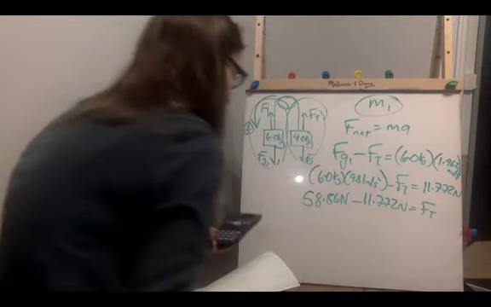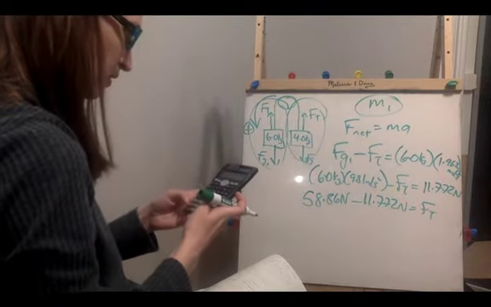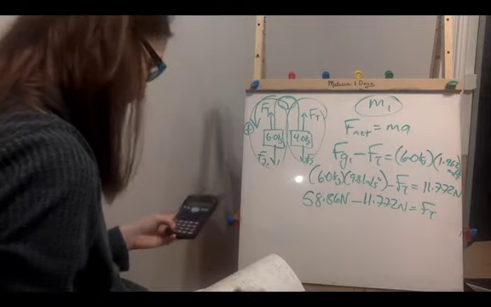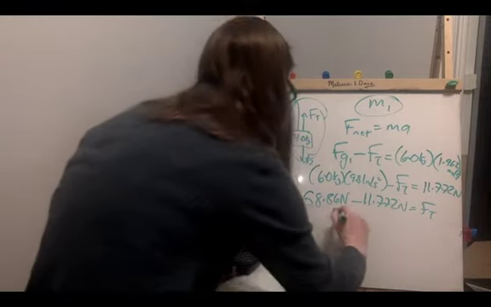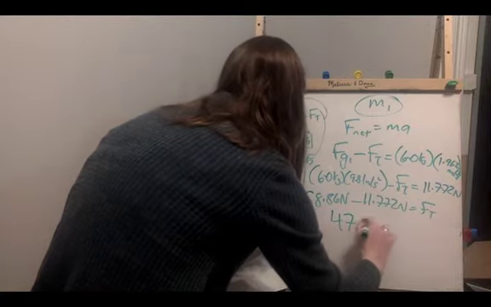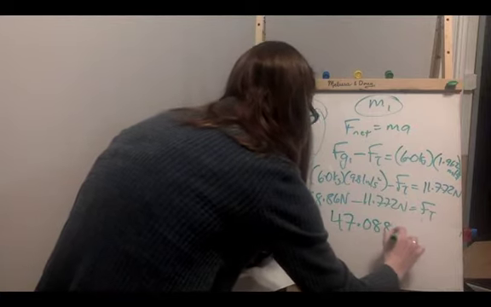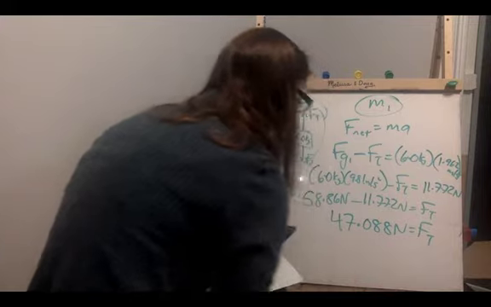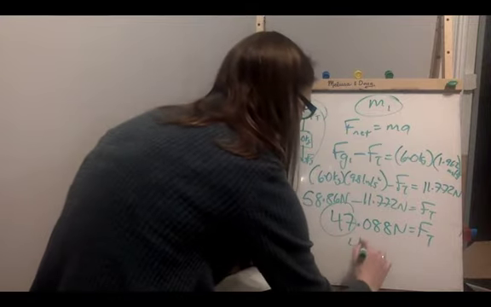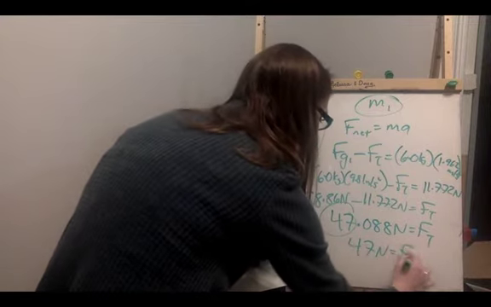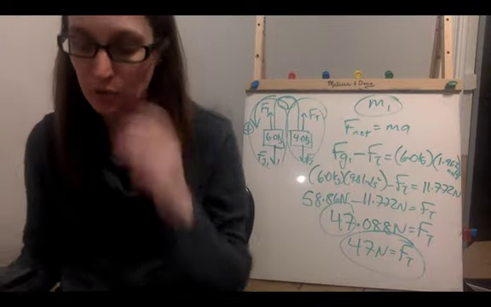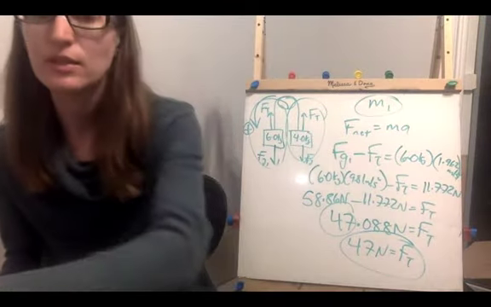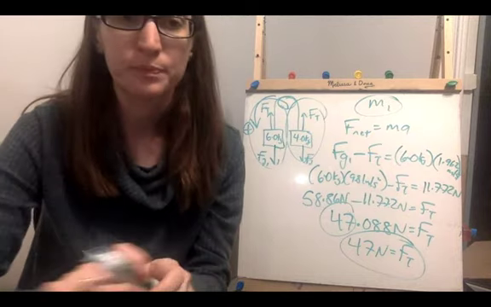That's going to equal my positive force of tension. And that gives us a value of 47 newtons, pretty much bang on. I think it's 47.088 newtons, but again, it's only 2 sig figs, so we're just going to use 47. Right? And feel free to try it with the other mass, but you do get the same answer of 47 newtons as the force of tension.